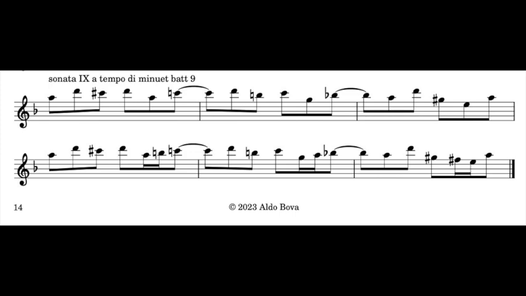We have a third between G sharp and E. So Handel could put the ornament between G sharp and E, but he preferred to make this F sharp after, instead of the E. And this is an idea with more force, more rare, more particular. So I will play both lines.